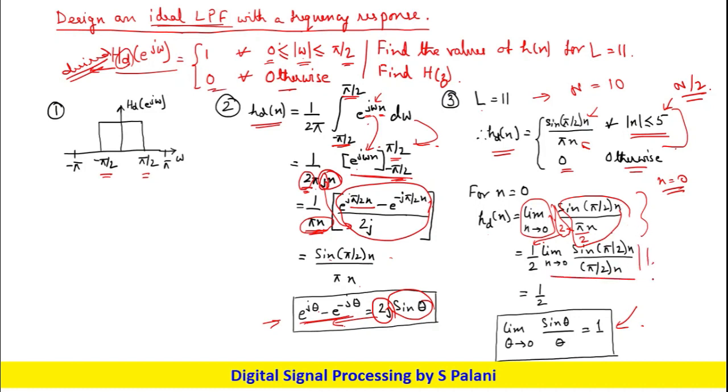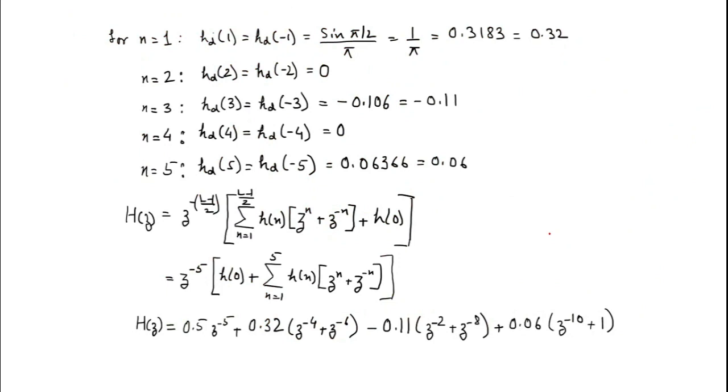So this becomes 1 and we get hd0 equals half. Now similarly, you have to find out the other values, n equals 1, 2, 3, 4, 5. Just put the values of n and you will get the other values.